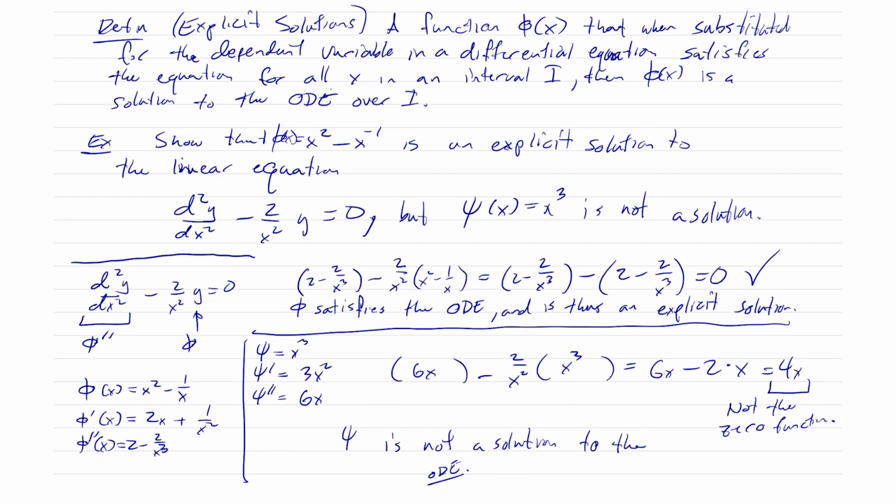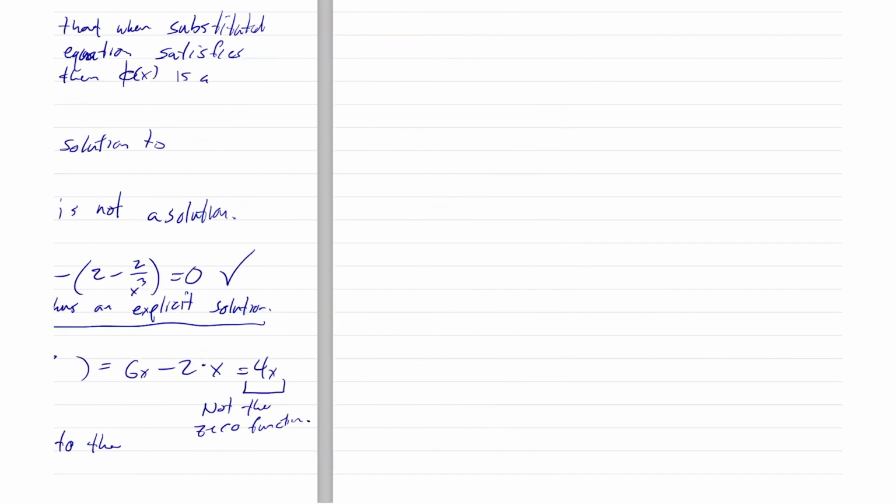Okay, so that was that example, an example of an explicit solution to a differential equation. Let's find another one. So we have example 2.